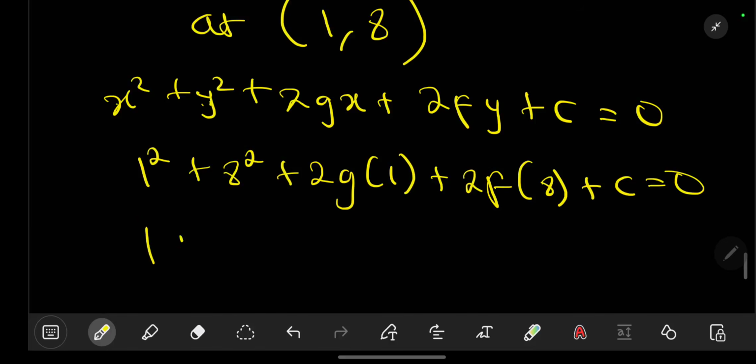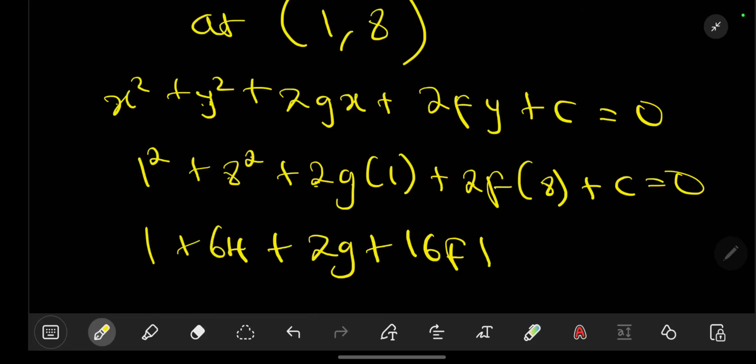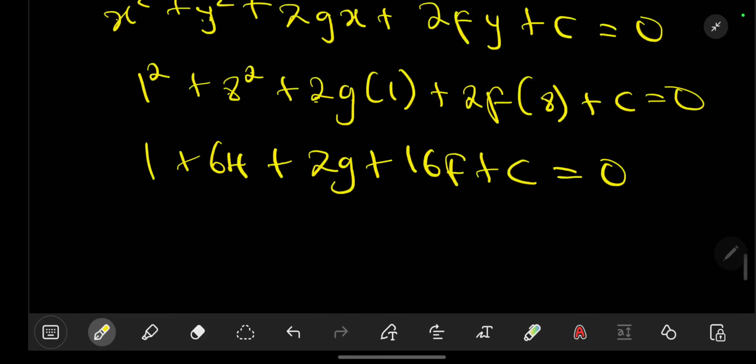So 1 squared is 1 plus 8 squared is 64 plus 2g plus 2 times 8, 16f, plus c equal to 0.